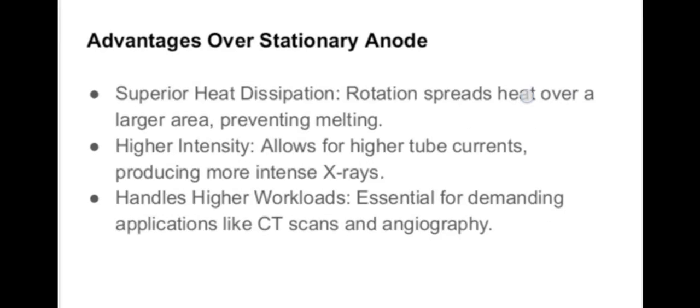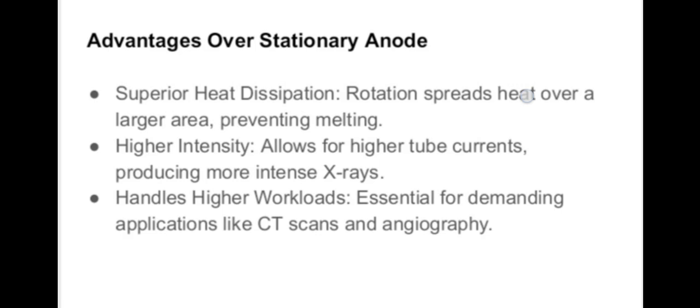Usually there are several advantages of the rotating anode over the stationary anode. First is superior heat dissipation. That is, rotation spreads the heat over a large area and prevents melting. Next is higher intensity. That is, it allows higher tube currents and produces more intense X-rays.